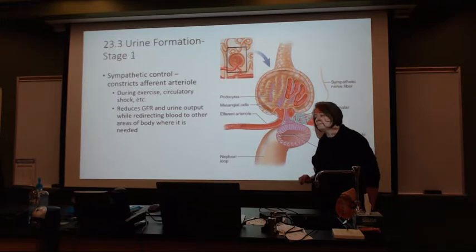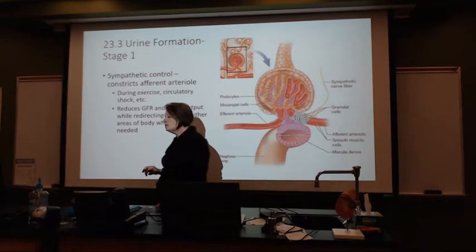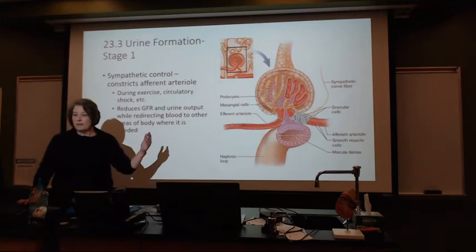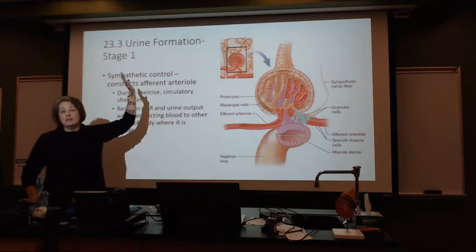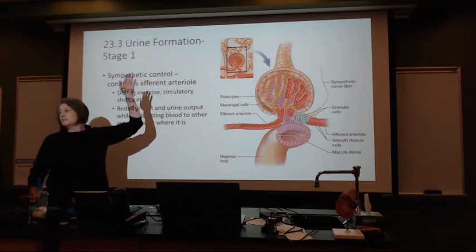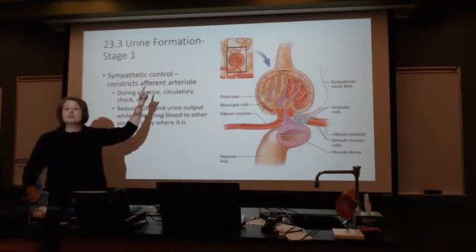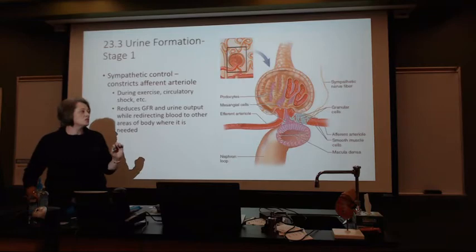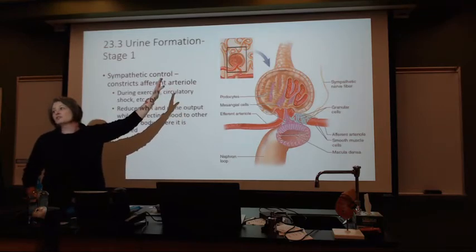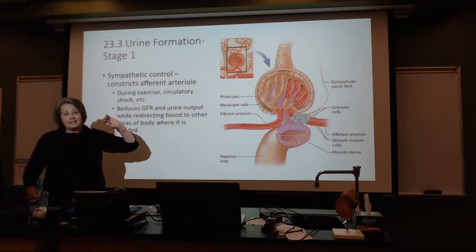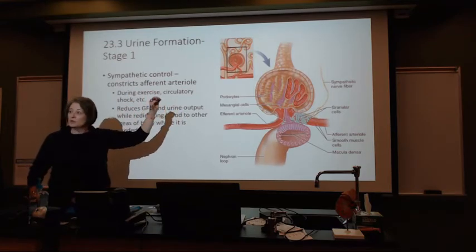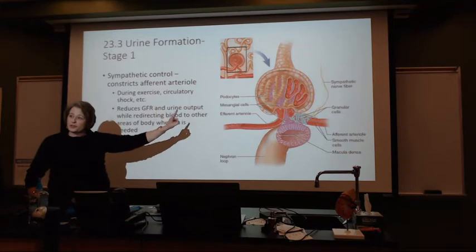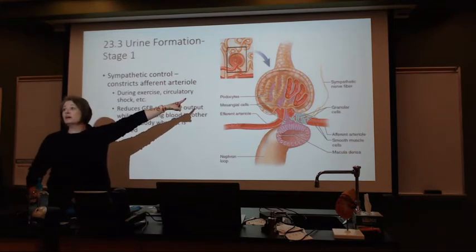Now, under certain conditions, we can have this blood flow increased or decreased. The goal is to make sure, for the most part, that we are still getting a steady flow of blood through these glomeruli.